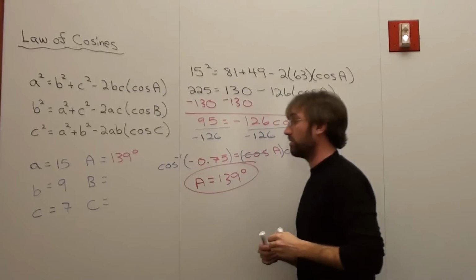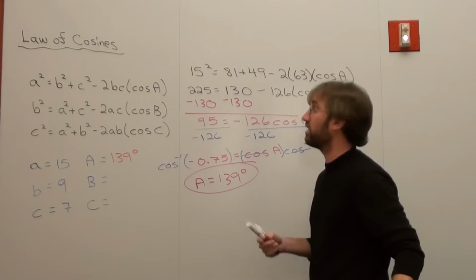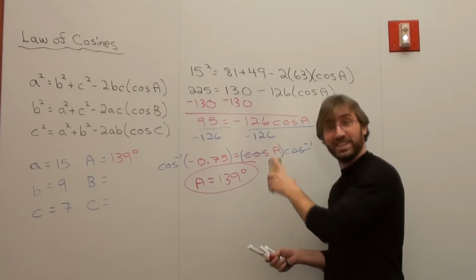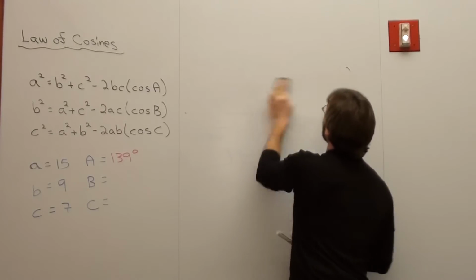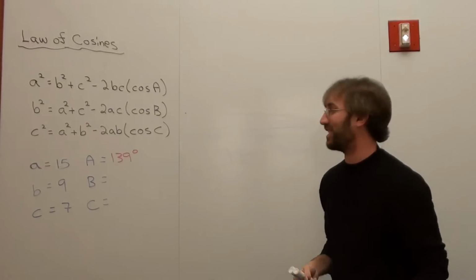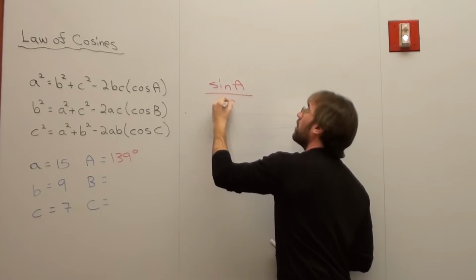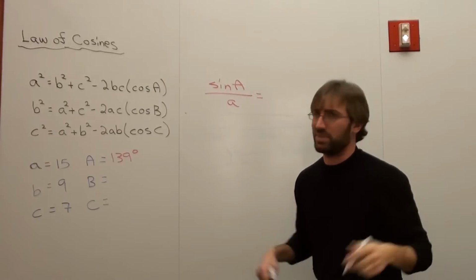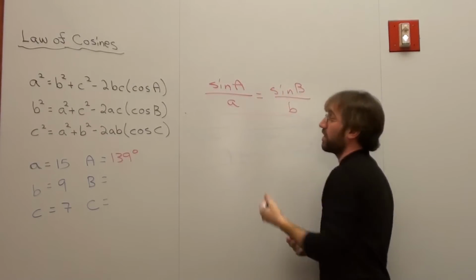Now what I can do is use the law of sines because it's a lot easier, and I would recommend that too. But in order to do that, I'm going to go ahead and erase this. I leave many smudge marks while I'm at it. So I'm going to use the sine of A over A equals, and let's just do B because B is first, sine of B over B. Let me go ahead and fill it in.